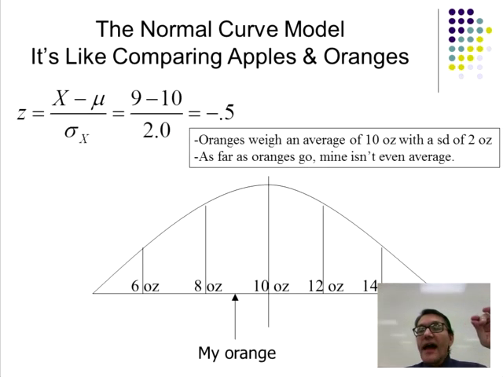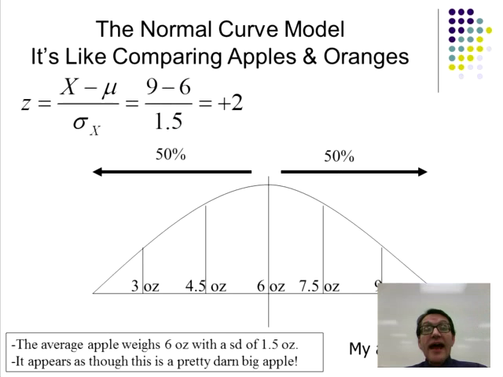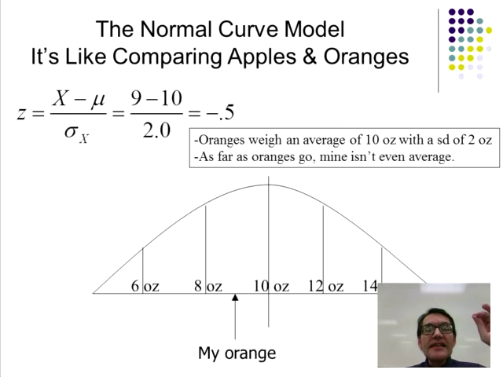First off, I can just compare these two things without doing anything else. Since the apple had a z-score of positive 2, it is by definition more outstanding than the orange, which has a z-score of negative 0.5. Positive is bigger than negative.